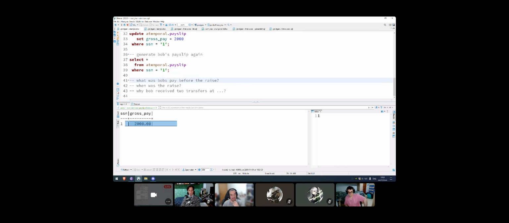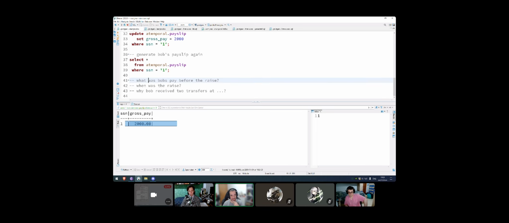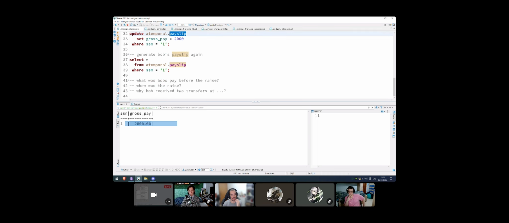These are a couple of questions we could ask that this database will not be able to answer. For instance, what was Bob paid before the raise? I can't know that because I only have the last payslip. When was the raise? I can't know.